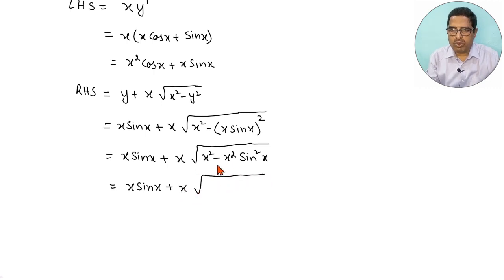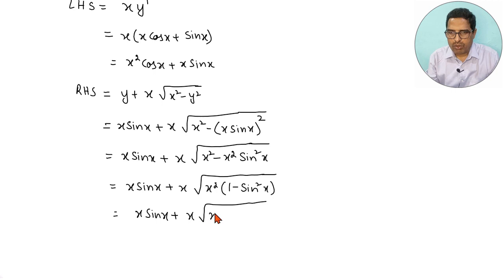This will be equal to x sine of x plus x into square root of, and what is common over here? x square is common, right? So x square is taken common outside. We are left with 1 minus sine square of x. So root of x square as it is.